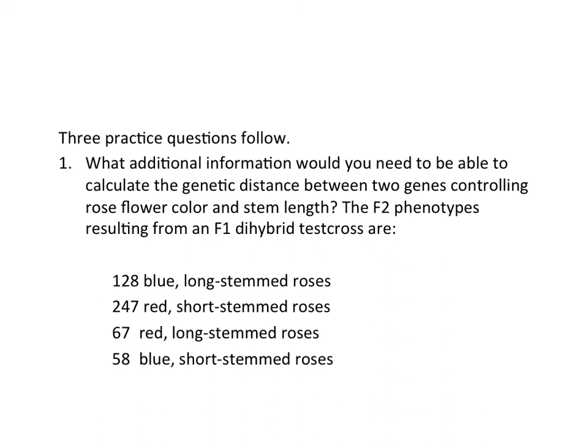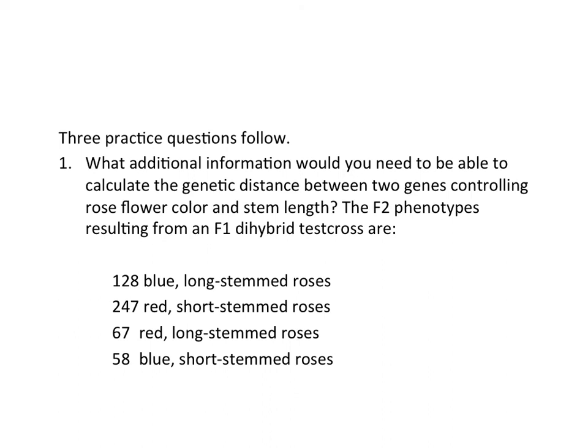You need to work backwards from the F2 generation. So what is the F1? Let's come up with some letter designations for these alleles controlling flower color and stem length. B for blue.